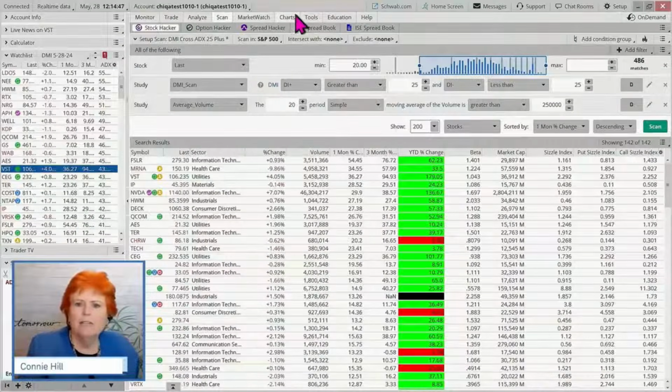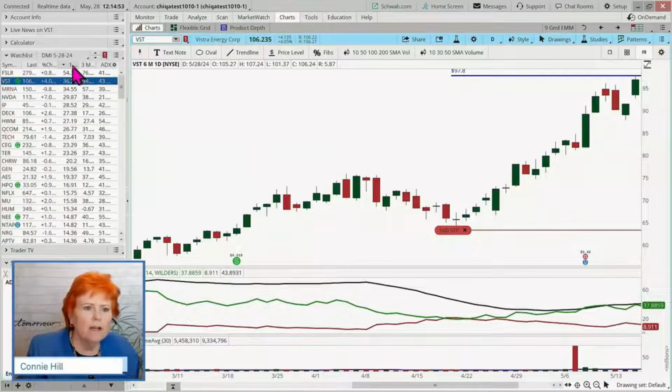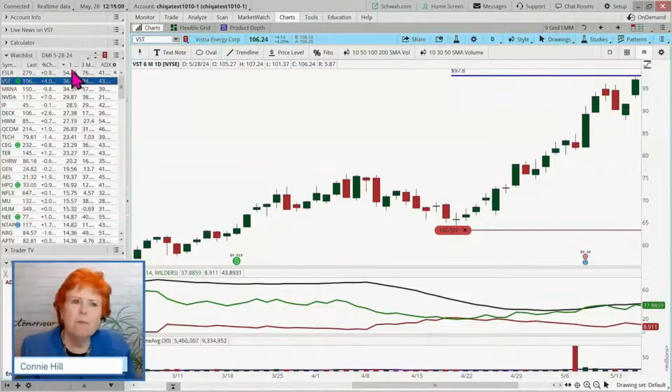Let's take a look at a couple of examples here from the charts. So I am going to sort this on our 1 month change because I'm looking for something that's trending. One thing about mechanical systems is that most of the time they're trending systems. Trend following systems is really what I should say, meaning they're built around the fact that the stock or the market, whatever it is that we're looking at, is trending.